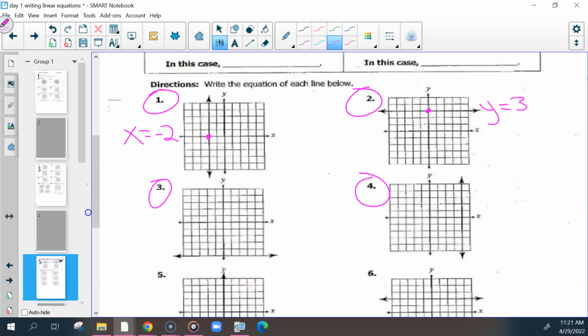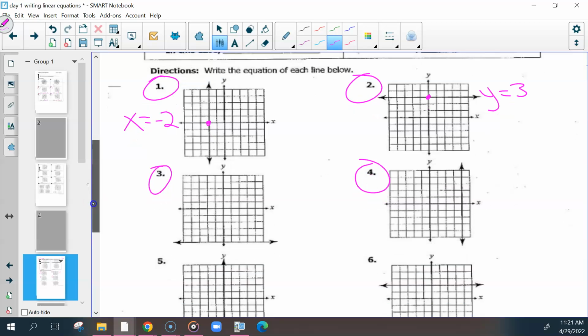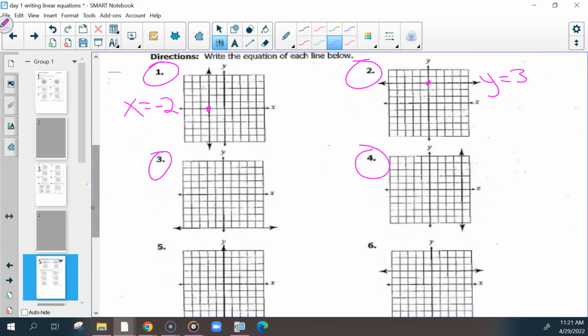How would we write number 3? Y equals -5 because it's horizontal. And for number 4, x equals.